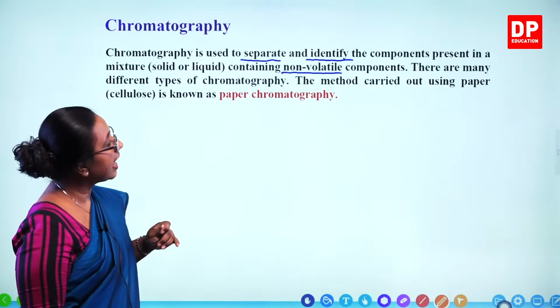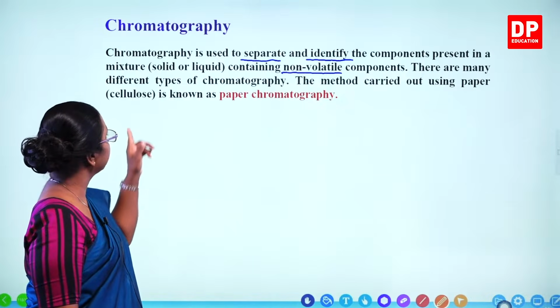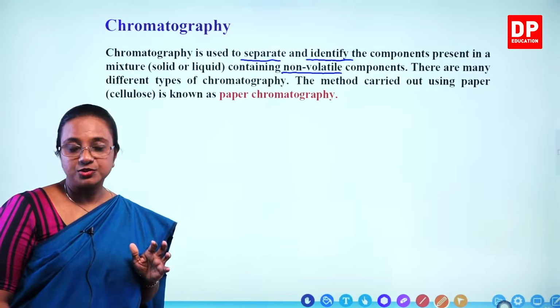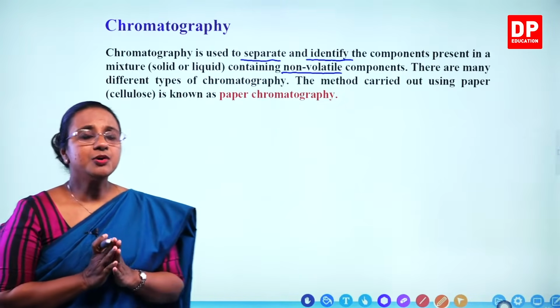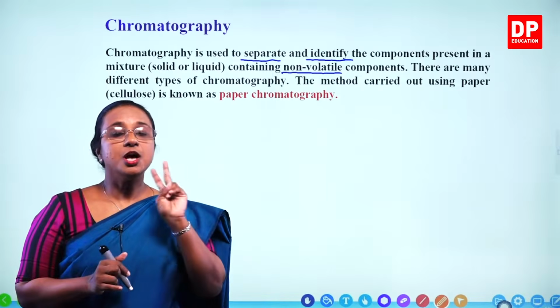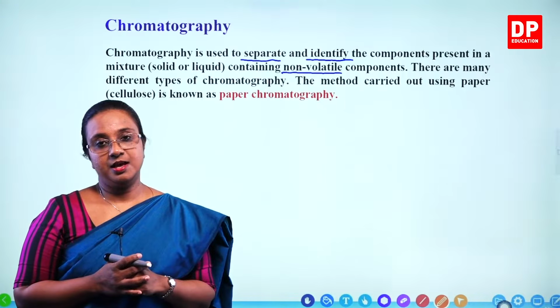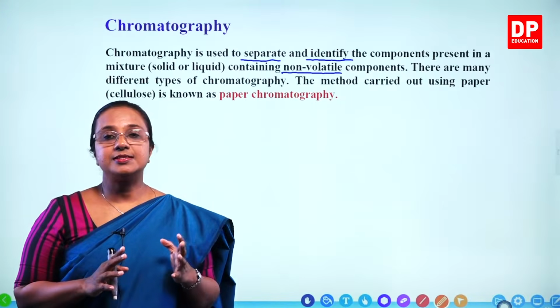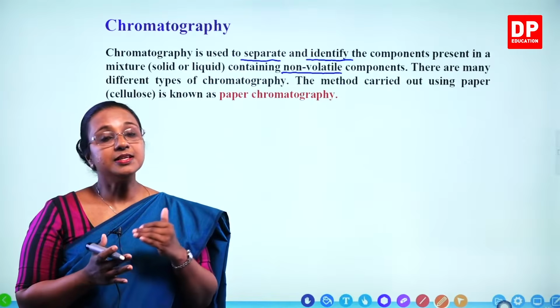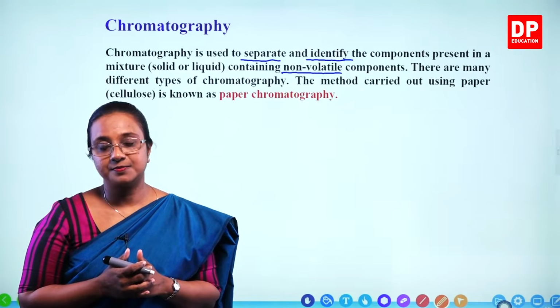The method carried out using paper, that is cellulose, is known as paper chromatography. Now students, this is a technique where we use two phases. One phase is known as the mobile phase and the other phase is known as the stationary phase.